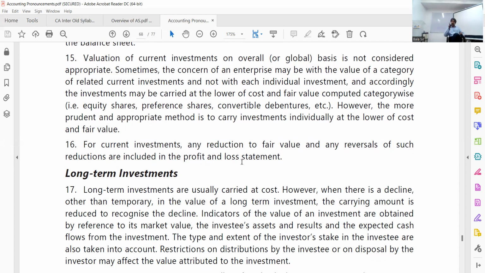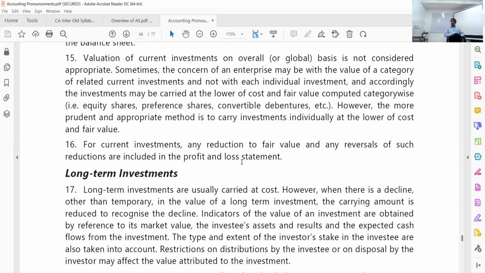What is the entry? Profit and loss account debit, investment 10 rupees. Understood? You know why they say lower of these two? That's prudence. Be very prudent. Don't anticipate gains, but provide for all possible or expected losses.